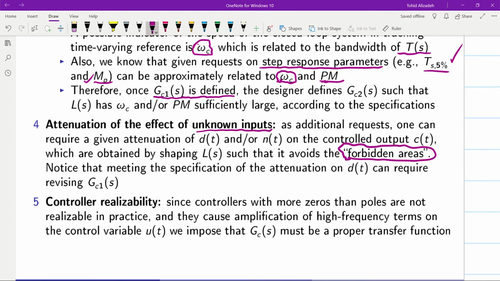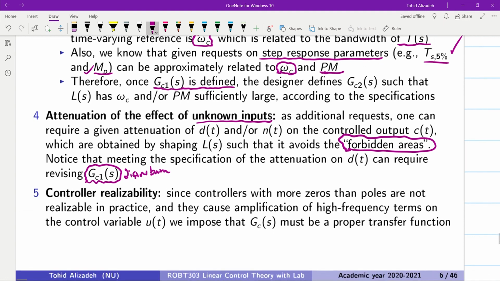If it enters into those areas, we need to modify the amplitude plot for that range of frequencies in order to take the amplitude curve out of that forbidden zone. And we might need to check it for GC1, the first part of the controller, for the disturbance especially, because this happens at the low frequency. And for the noise, we need to have a look at the high frequency part.